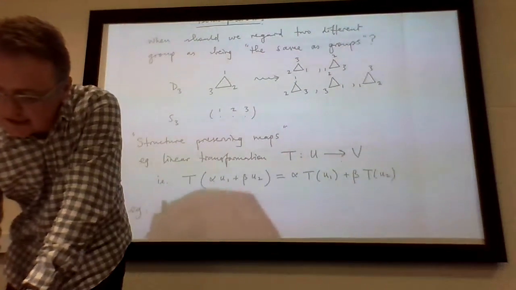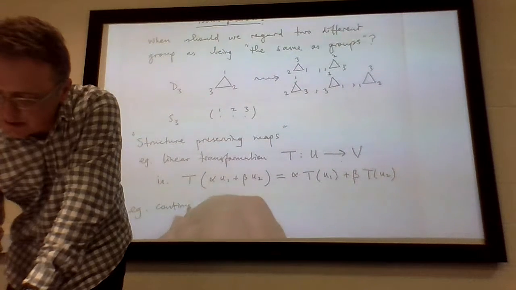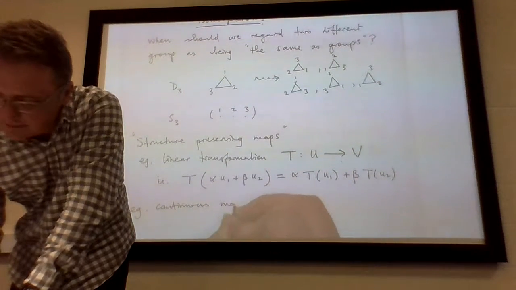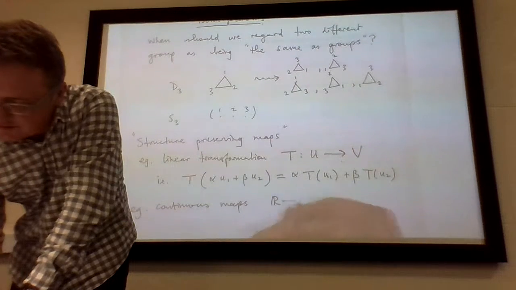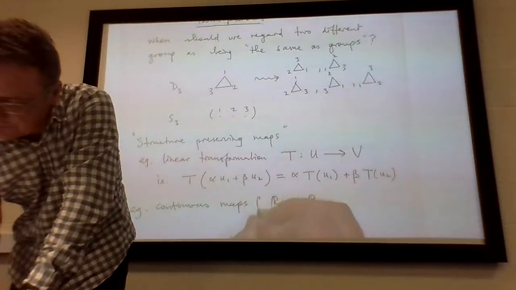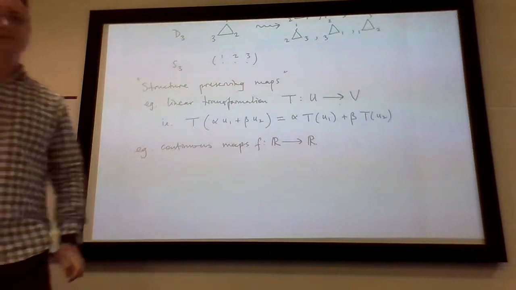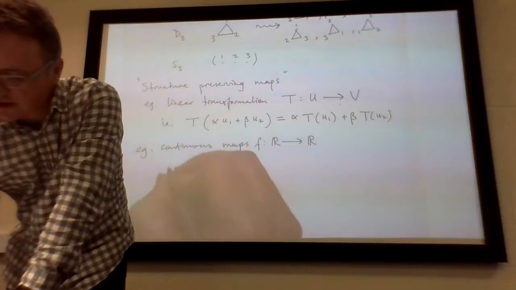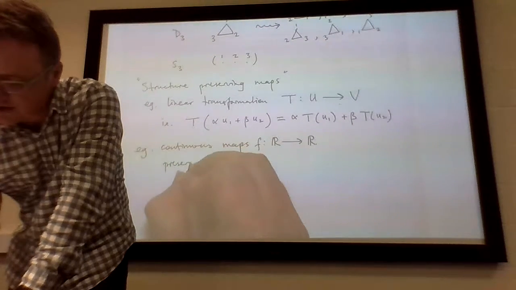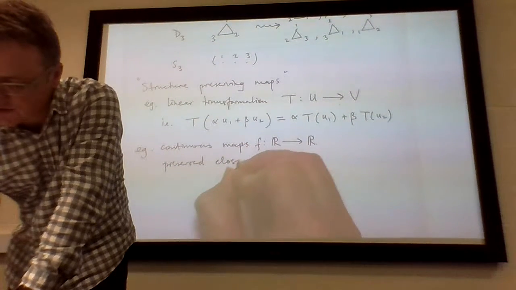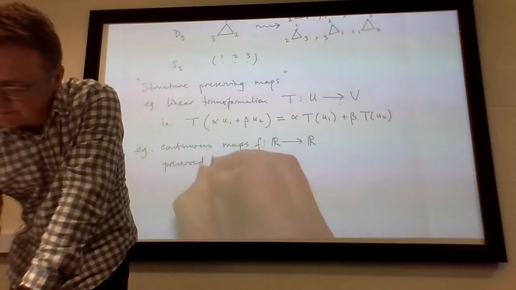Another example is from first year fundamentals, continuous maps, say from the real numbers to the real numbers. You remember the definition of continuity? The structure that was preserved here was preserved closeness in a way.